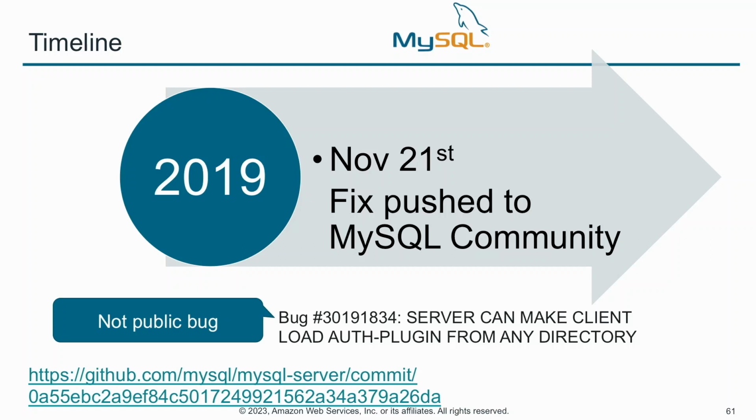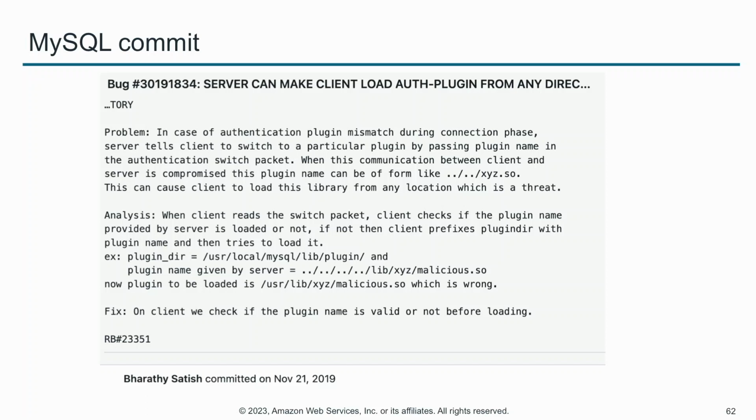I can only see the commit. This has been assigned a CVE. I don't know the actual CVE; Oracle doesn't provide this information. It has a private bug number, and this commit has an explanation of what can happen: a directory traversal.